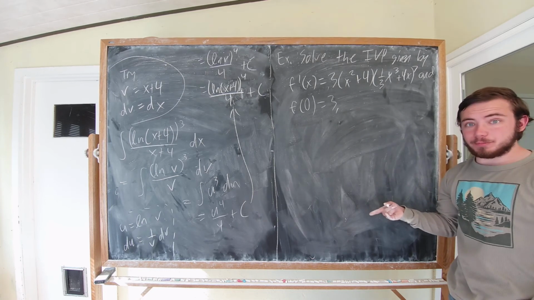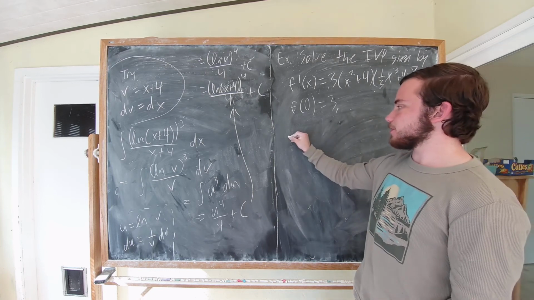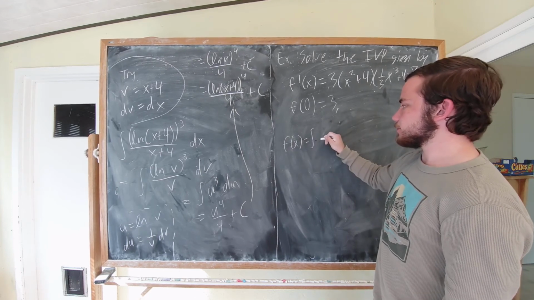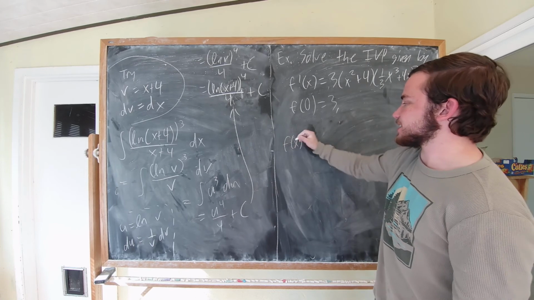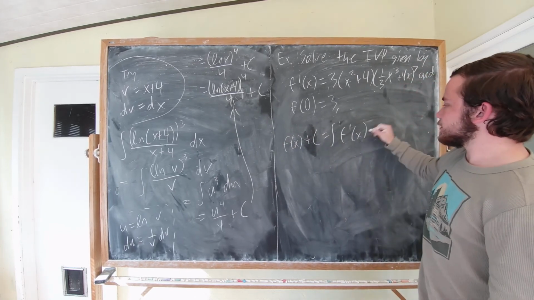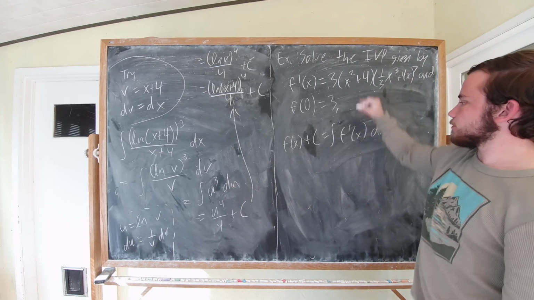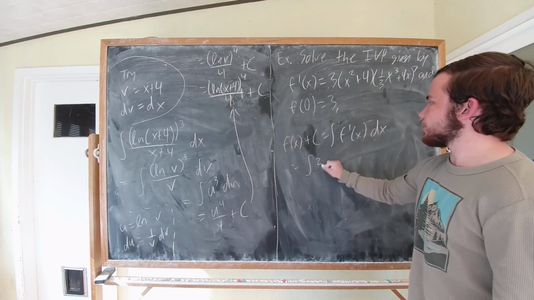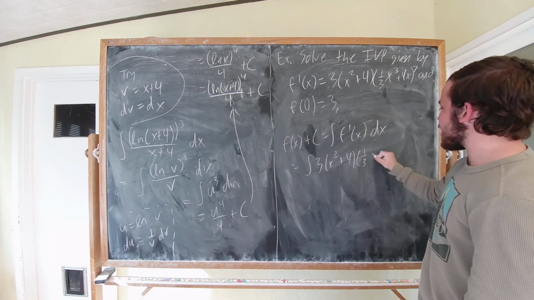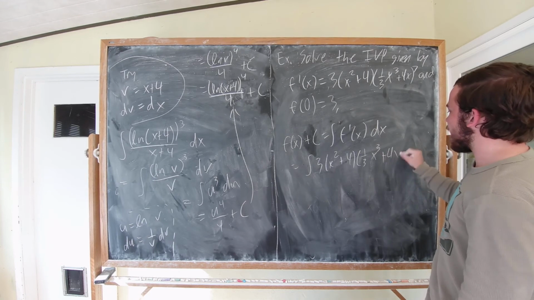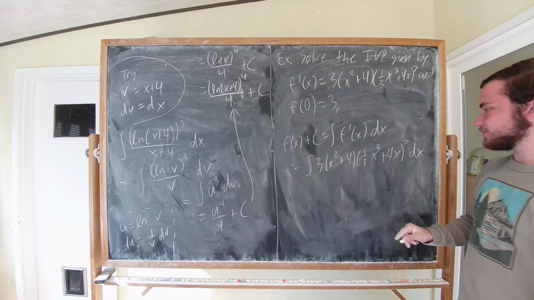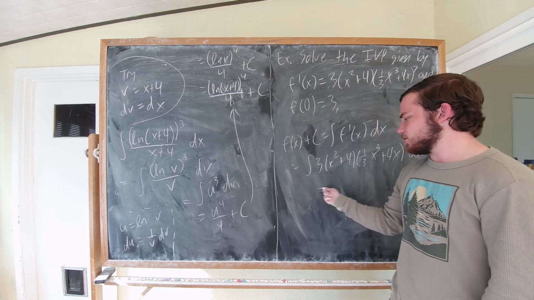By our standard procedure for solving initial value problems, f of x plus c will be the integral of f prime of x dx, which in our case is the integral of 3 times x squared plus 4 times (1/3 x cubed plus 4x) to the 7th dx. Now let's make a u-sub.